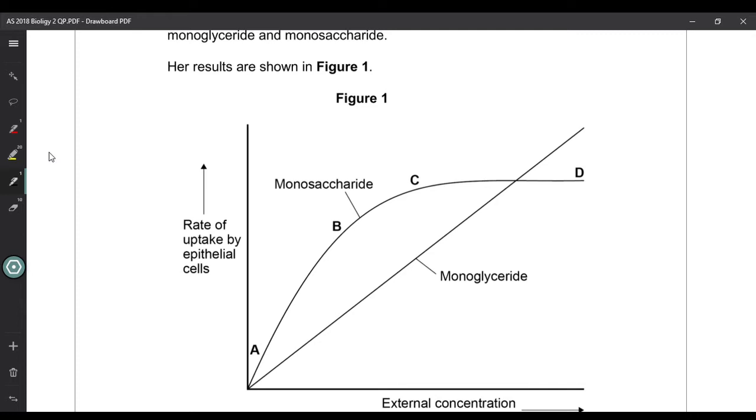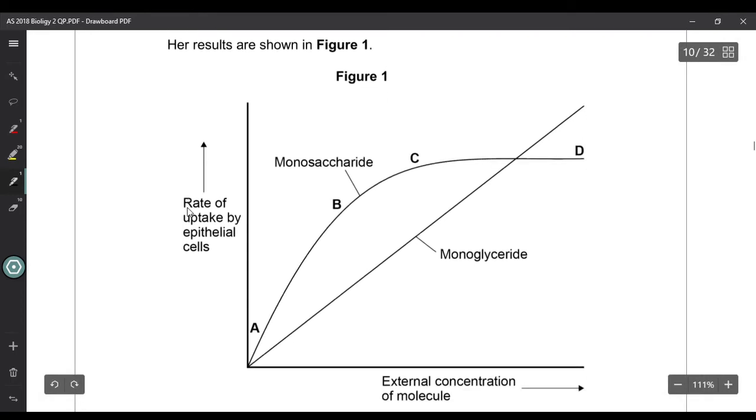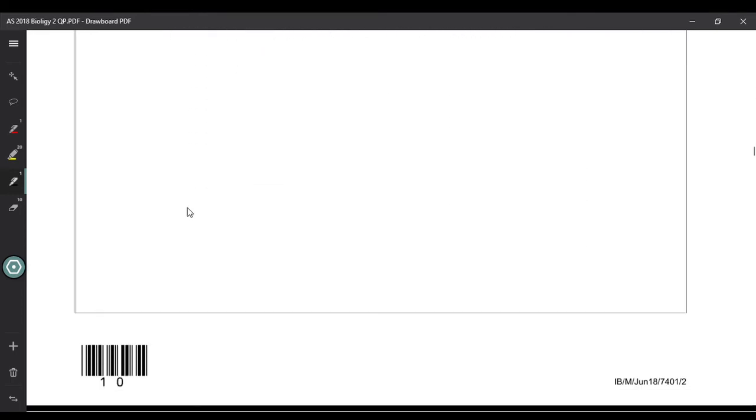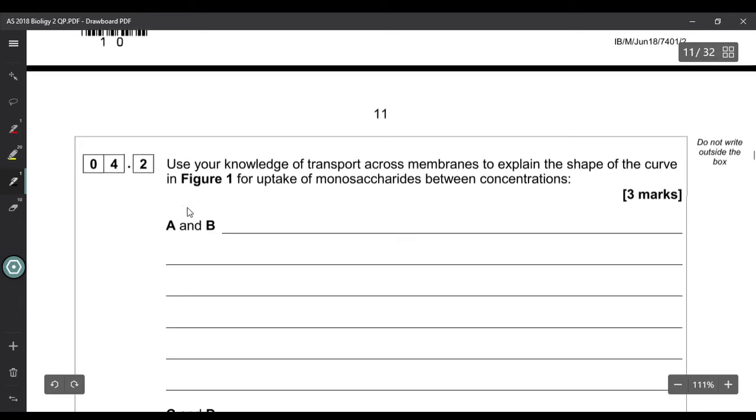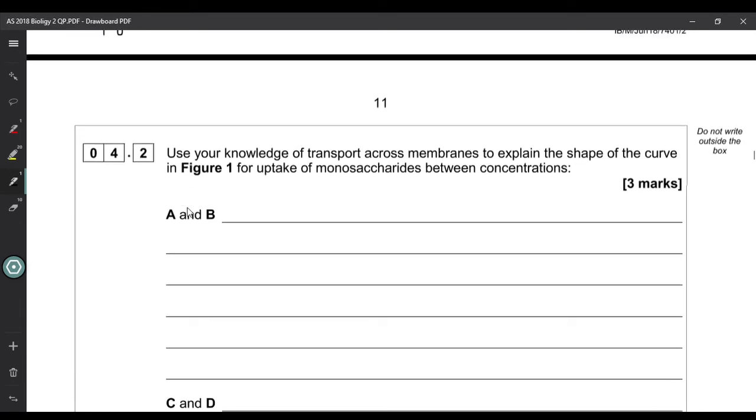The first question to do with this graph says, use your knowledge of transport across membranes to explain the shape of the curve in figure 1 for uptake of monosaccharides between concentrations A and B. We can see that between A and B we've got a slight curve, but generally it's quite a straight line.